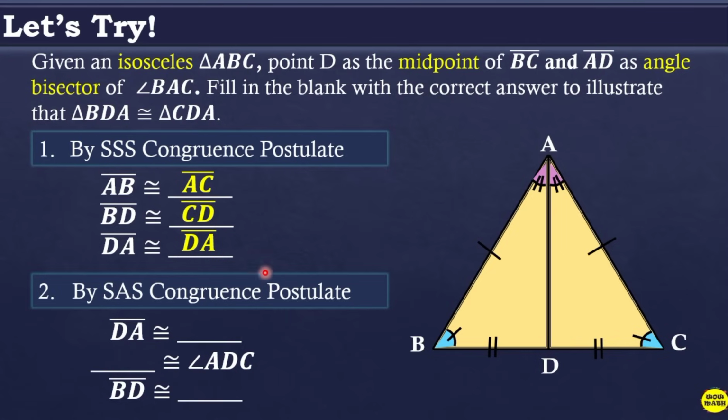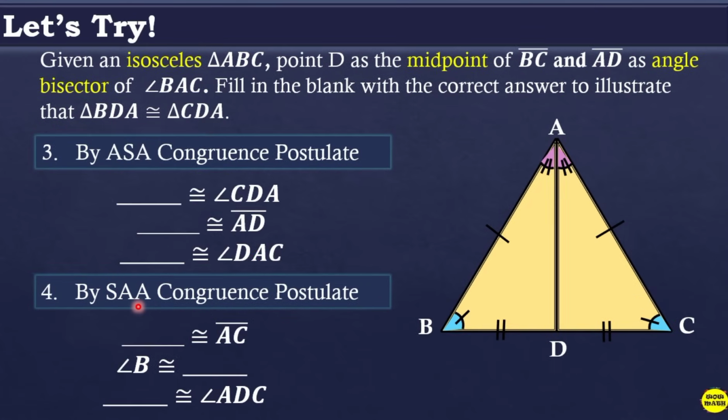Now, I'm giving you a chance to answer this, the number 2. Bago natin ipakita yung sagot. So, by SAS congruence postulate naman ito. Okay, so let us answer. So, we have DA, angle ADB, and CD. Okay, so BD, CD.